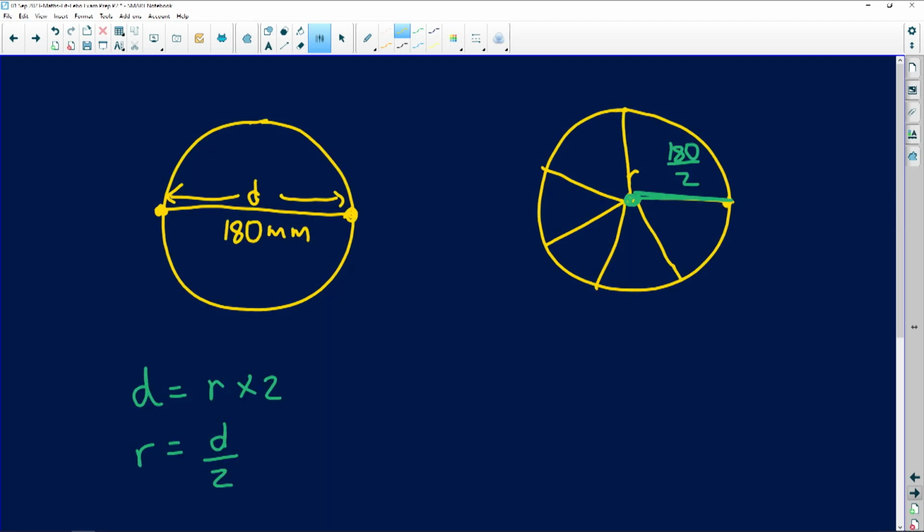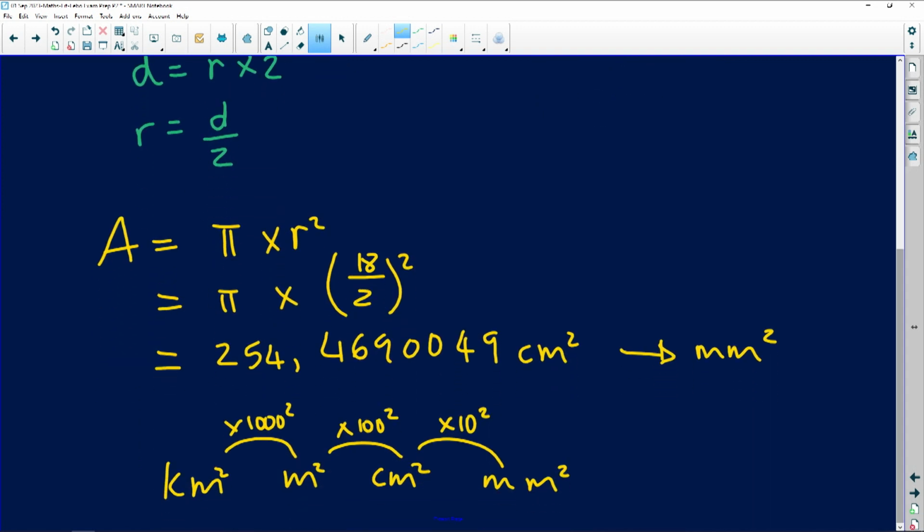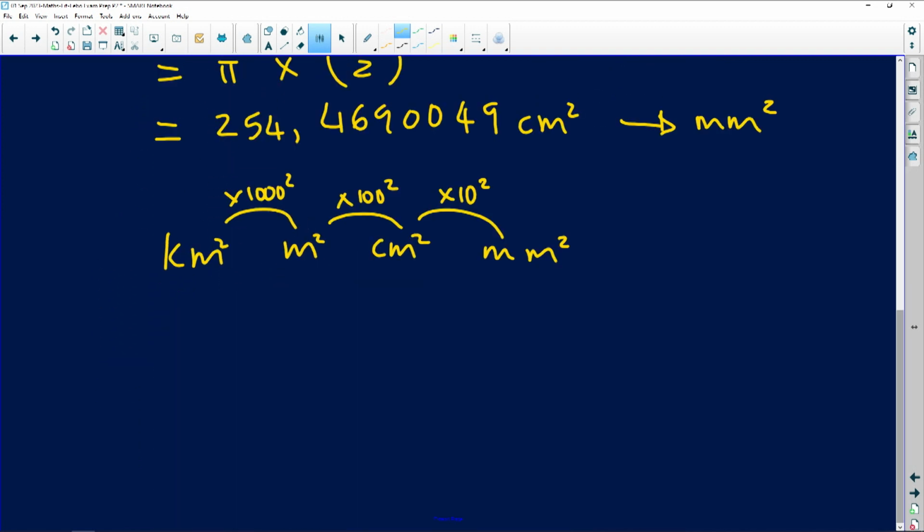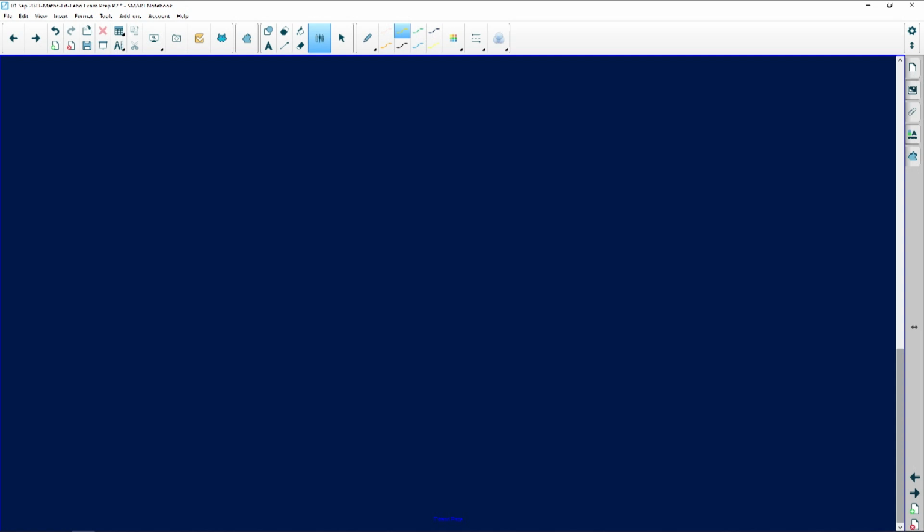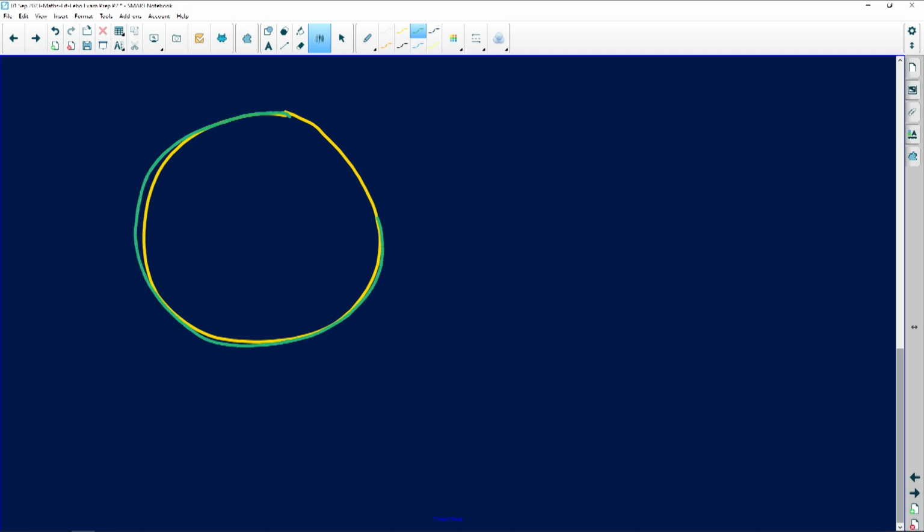So what am I doing here? It is important. If I've got my circle, the circumference is the green part. The circumference is the border. The border is circumference.